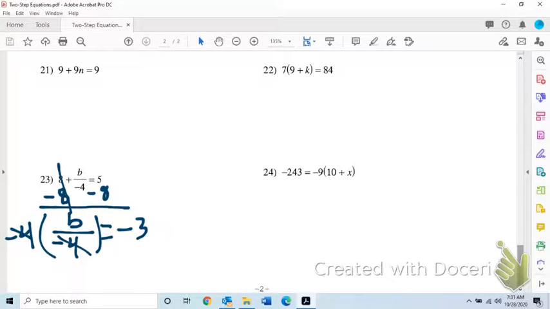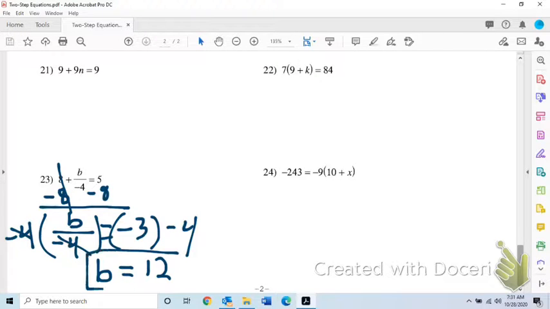So we want to get rid of the entire denominator. That's the number on the bottom half of a fraction, what's doing the dividing. So we have b divided by negative 4, which means we need to multiply by negative 4. So we have b equals negative 3 times negative 4, which is 12.